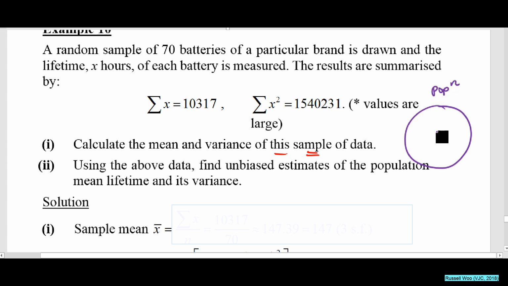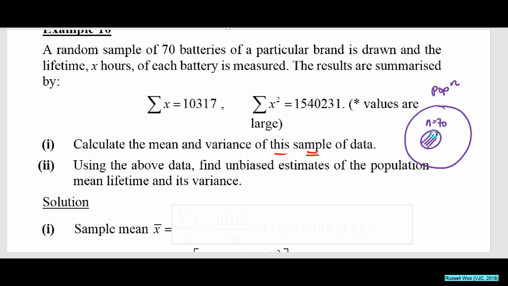The sample of 70 is only a subset, a small set of the population. Now, can we be very clear? What do they want us to find? They want us to find the mean and variance of this sample of data, which means you are not trying to find the population mean.